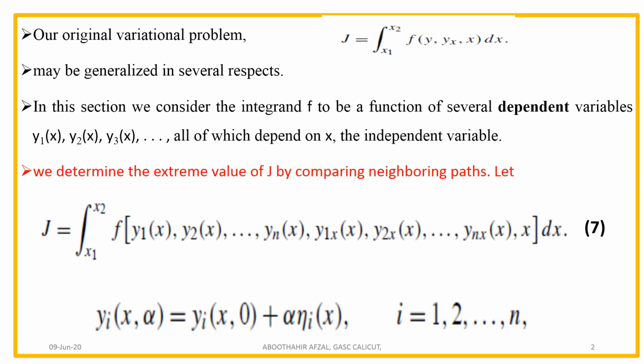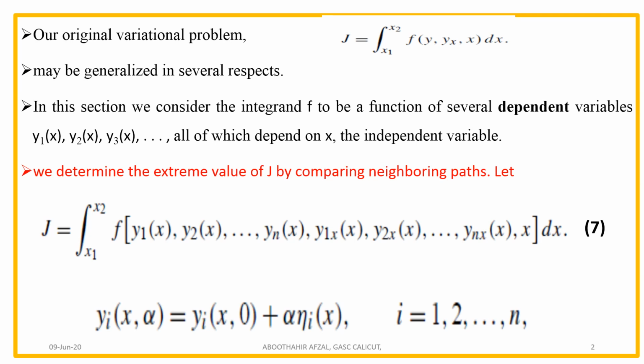Now, as in the previous case, y is expressed in terms of alpha as a sum of two terms, where alpha is the deviation parameter. The first path corresponds to alpha equal to 0, where there is no deviation.